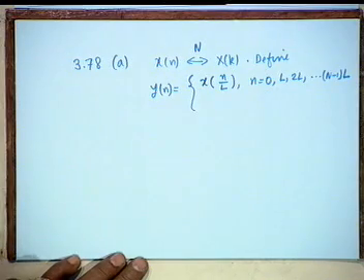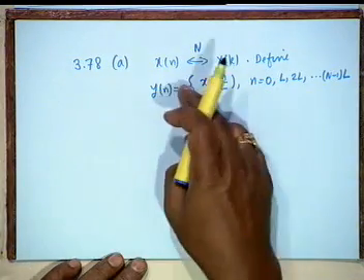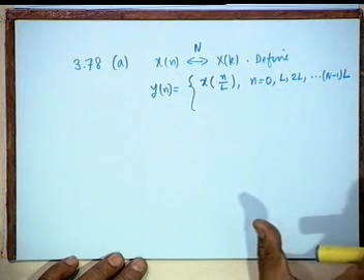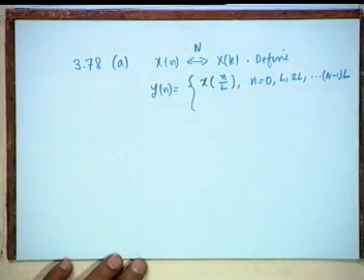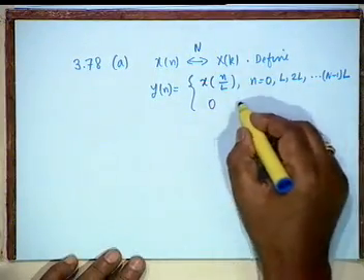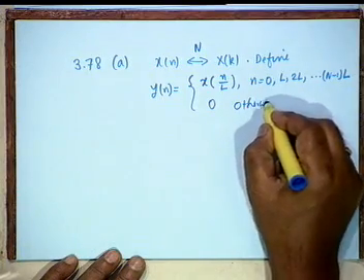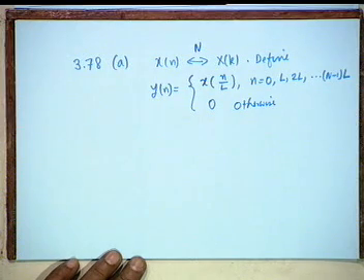Why didn't you take plus minus? Because x of n is a finite, one sided sequence, starts at 0, ends at capital N minus 1 and is 0 otherwise.